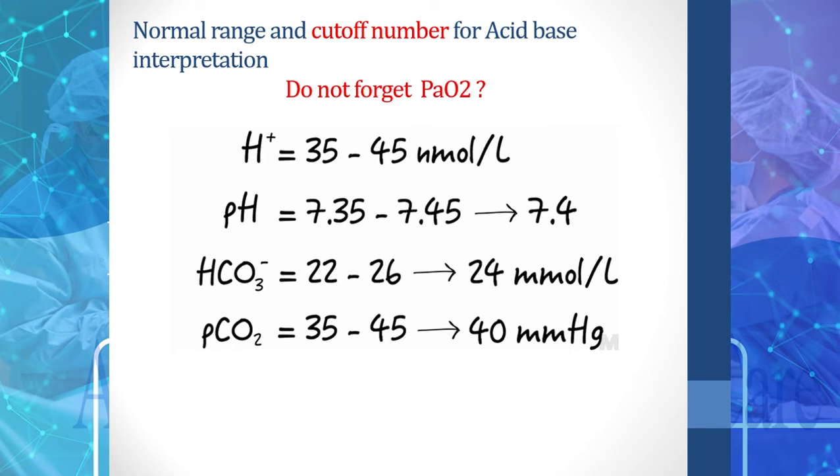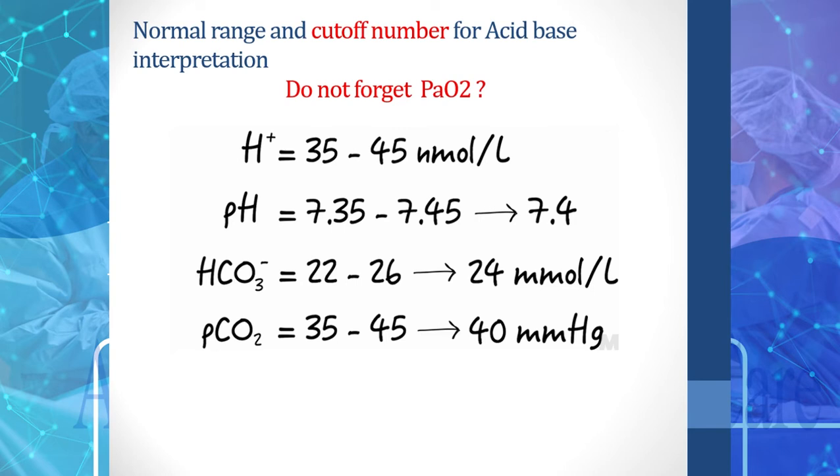For the HCO3, the normal range is 22 to 26 millimole per liter, but in ABG interpretation we say 24 is the cut number. Above 24 we will consider this metabolic alkalosis. Below 24 we will consider this metabolic acidosis.